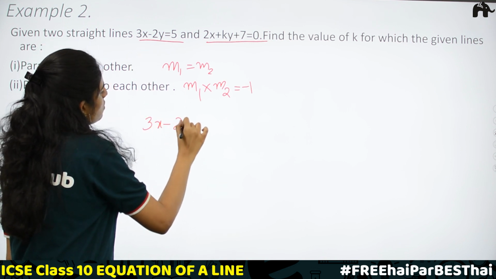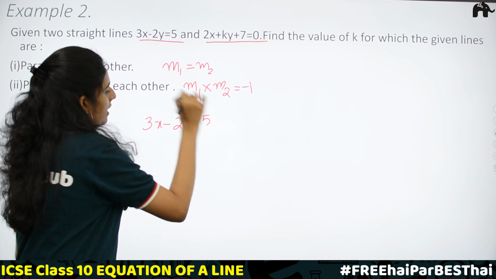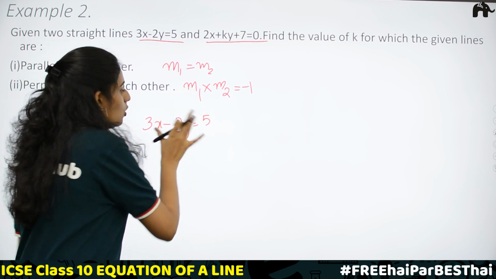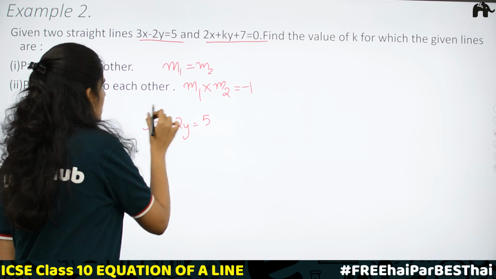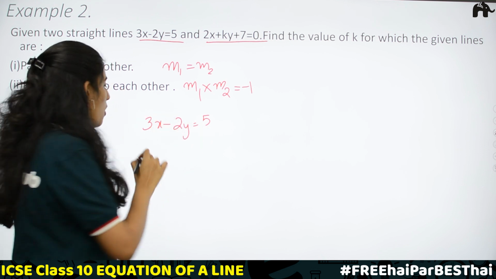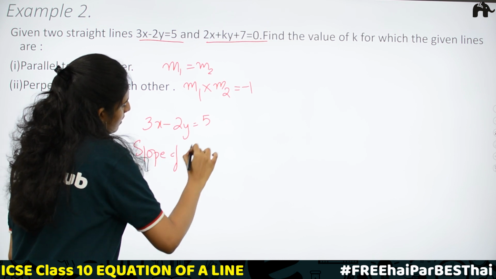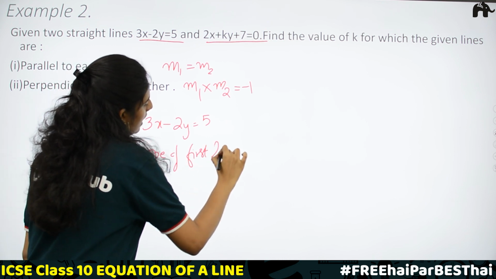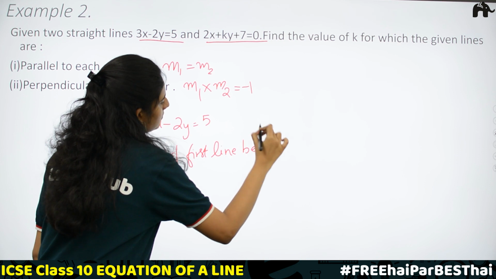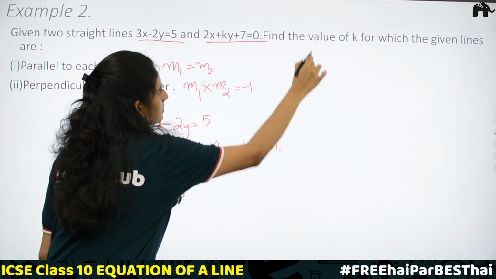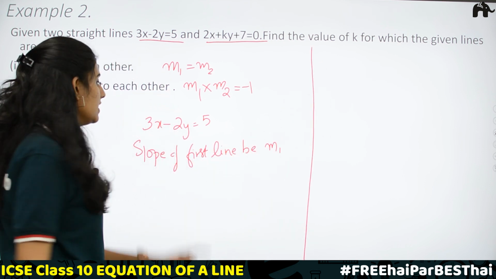Here, the first line is 3x minus 2y is equal to 5. We need to find the slope of this line. This is our first line. Let the slope of the first line be m1. How to find the slope here?